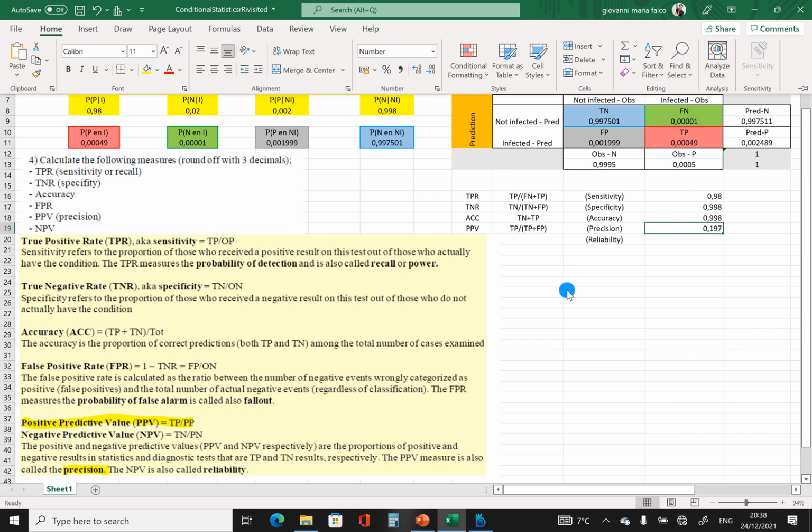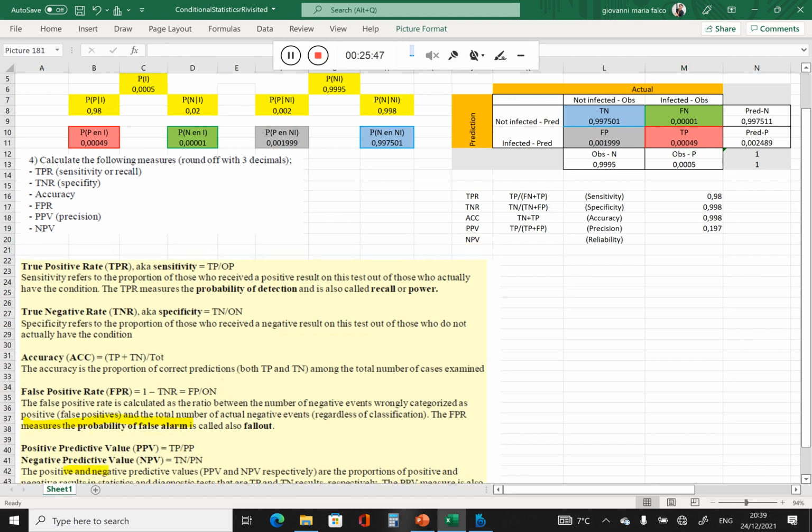So then you will think that this test is bad because it has very low precision. But we will put some general comments at the end of this exercise. As you will see, depending on the meaning of the test, we have to select which one of these measures is the most important. At the moment, we just register that this precision is relatively small, and this sounds definitely bad.